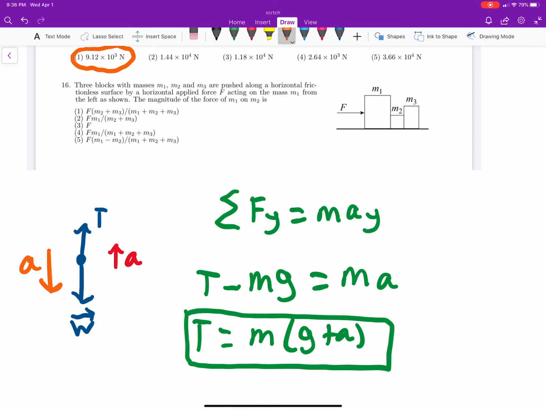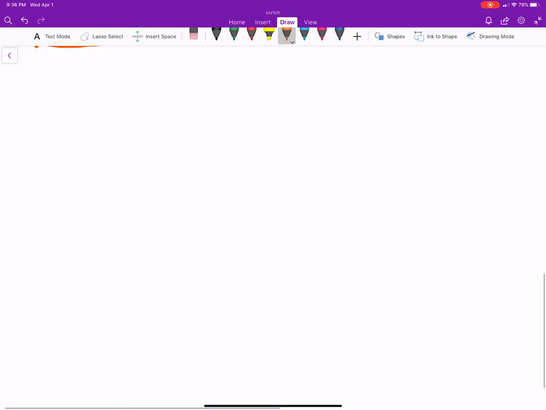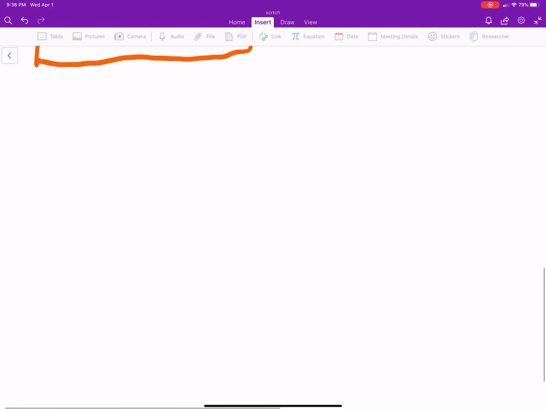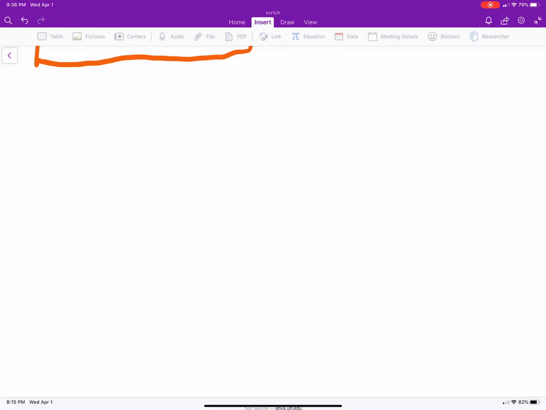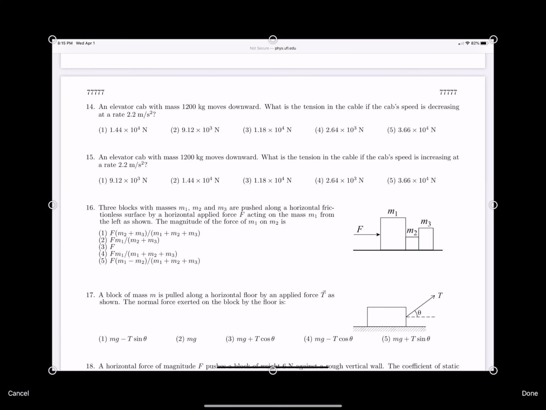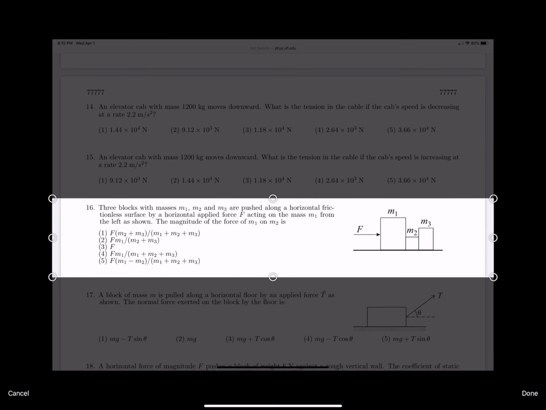Question 16, a little bit more to it. In fact, let's take question 16 and highlight it because I want to draw on it.